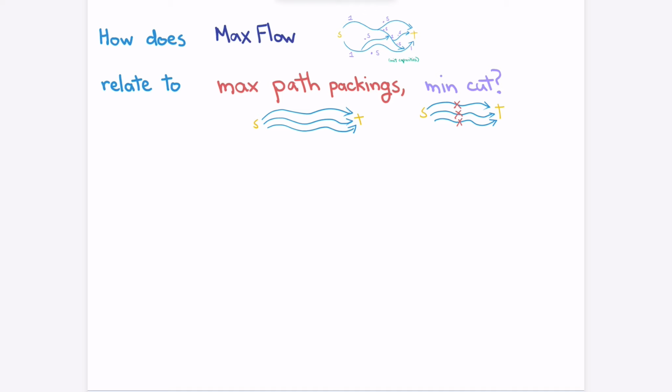Okay. Well, maybe I'll finally open it up because it hasn't been very interactive. Let's take max flow and max path packing. There's some quantities related to them, right? The maximum flow is 10. The maximum path packing is 20 or something. I don't know, right? Can we say anything about the two quantities in relation to each other?